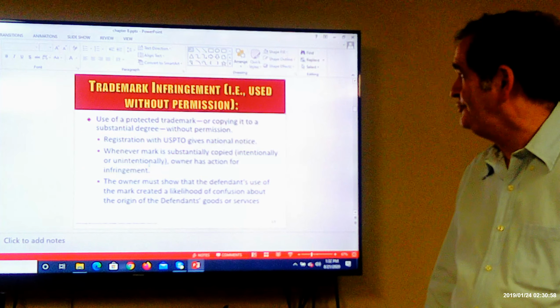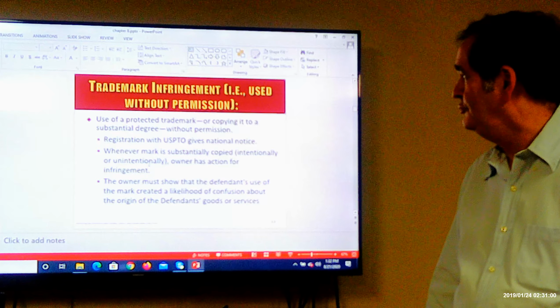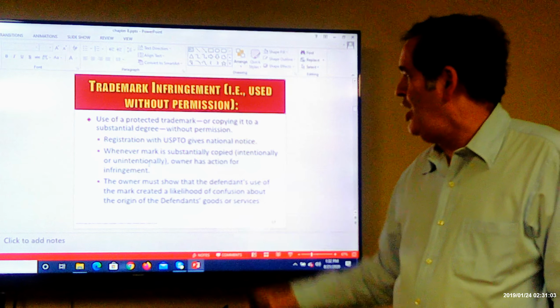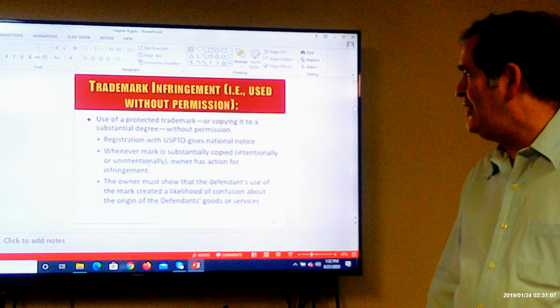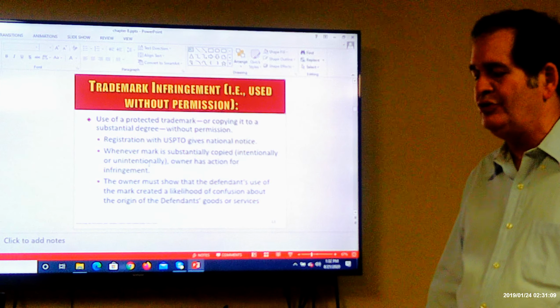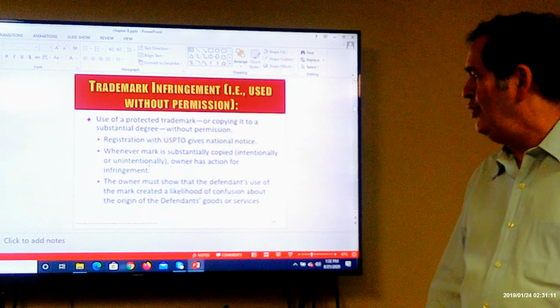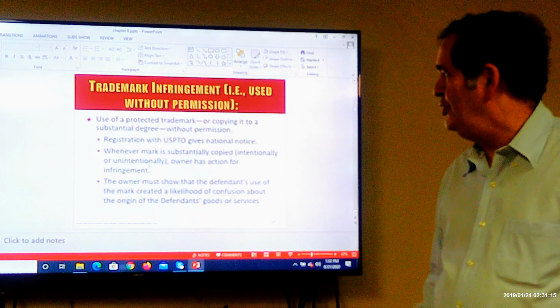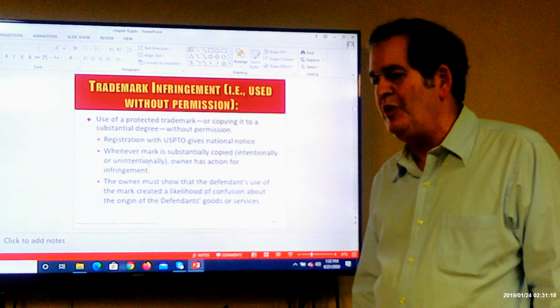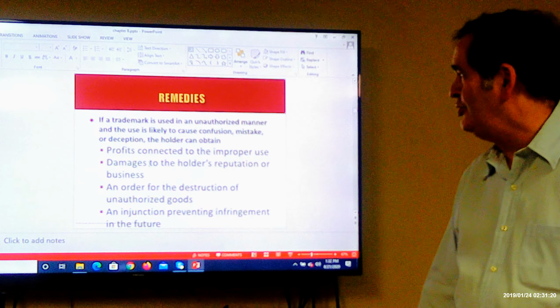So if it's copied or wrongfully used, you have a right of action against that individual or corporation for infringement. And your registration has put those people on notice on a national level.